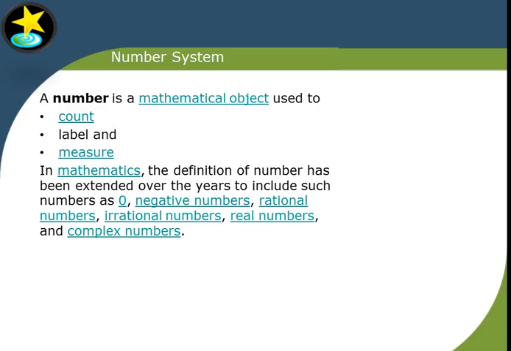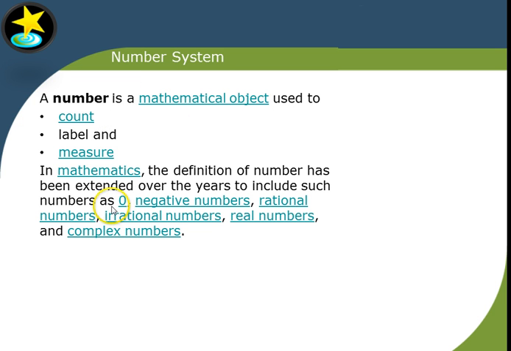Now in mathematics, the definition of number system has been extended over the years. So it takes time for us to come to what we call today number system. It was an evolving process which took years for us to come up with what we talk about today in terms of number system.